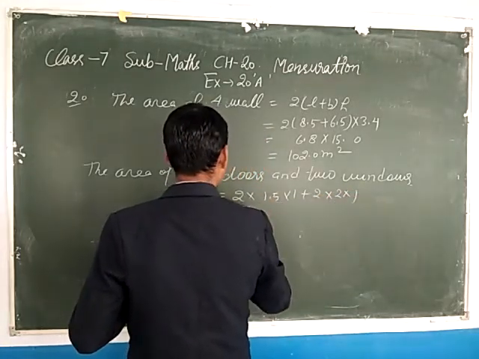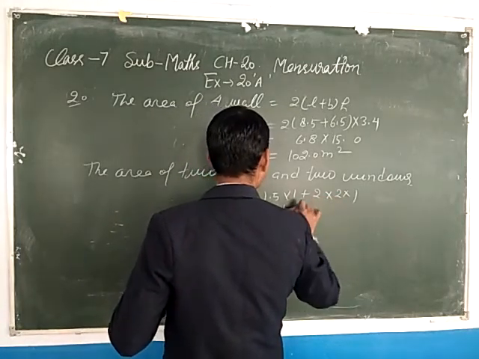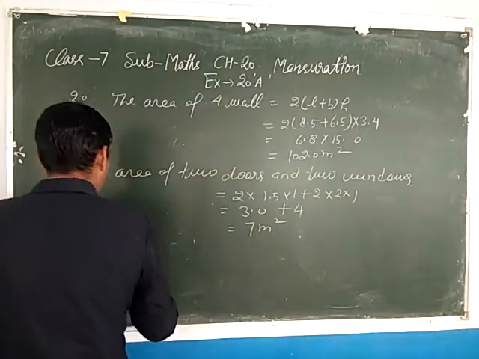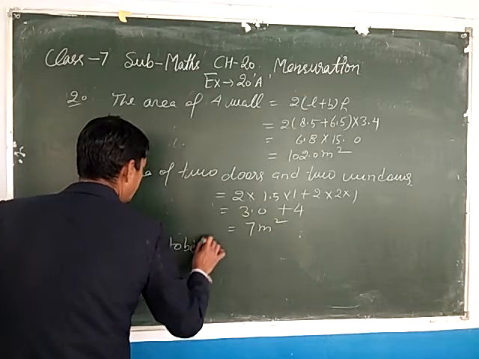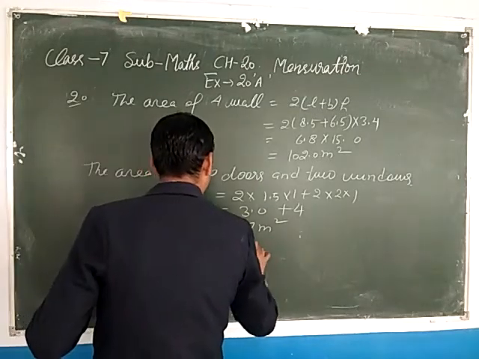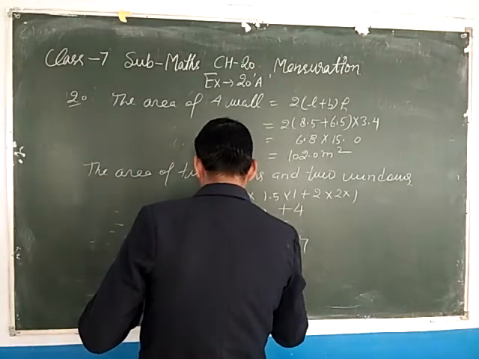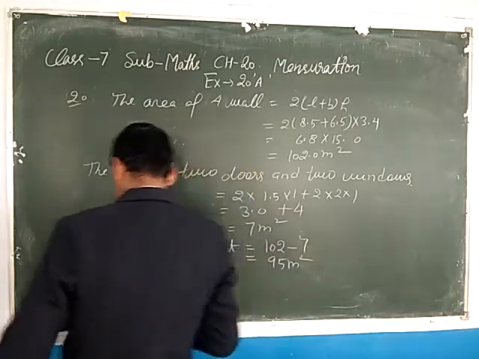So 1.5 times 2 is 3.0 and 2 times 2 is 4, so 7 meter square. The area to be painted, what will it be? 102 minus 7, so the required area is 95 meter square.